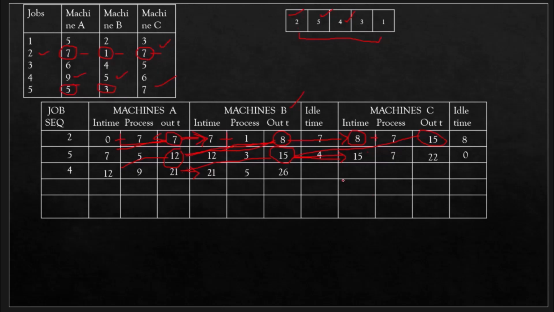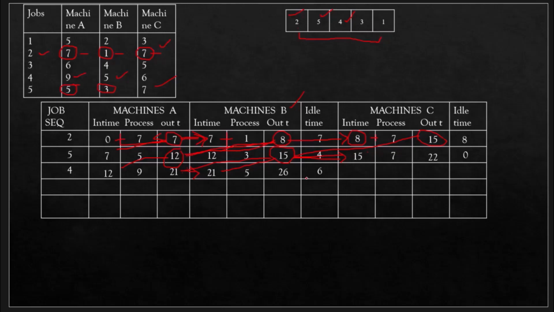Now we want to check the idle time. Actually at the 15th hour machine B completed the job 5 task. Now it waited until 21 hours, then at the 21st hour we gave the input. So 21 minus 15 gives 6 hours. The 6 hours is the idle time for machine B for job 4.